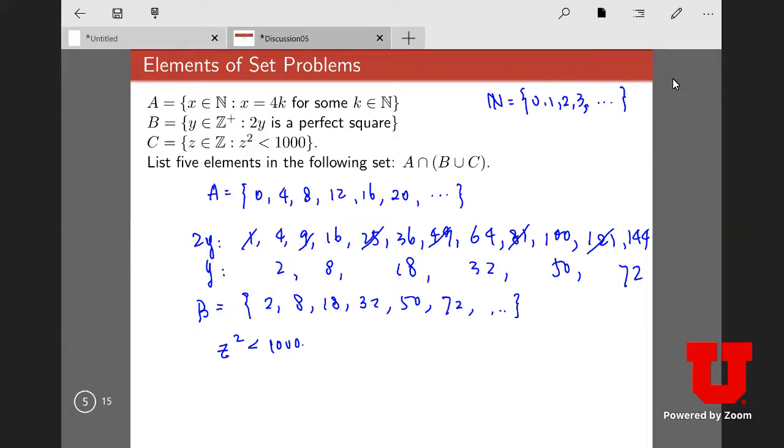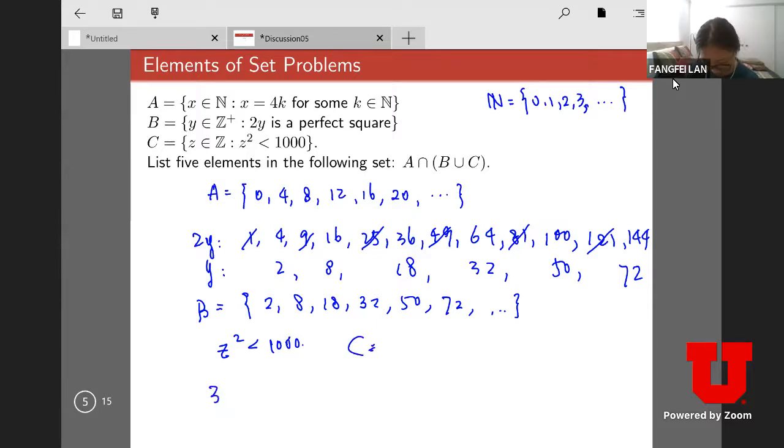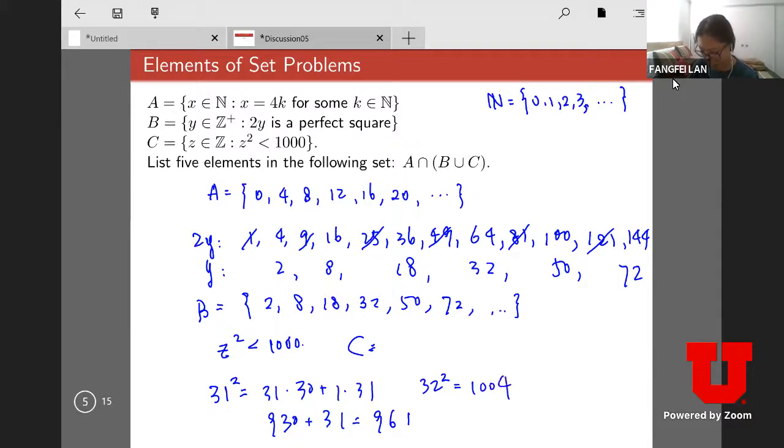Would it be from negative 31 to 31? Yes, that is true. You can check: 31 squared is 31 times 30 plus 1 times 31, so this is 961. And 32 squared would be over, something like 1,004.